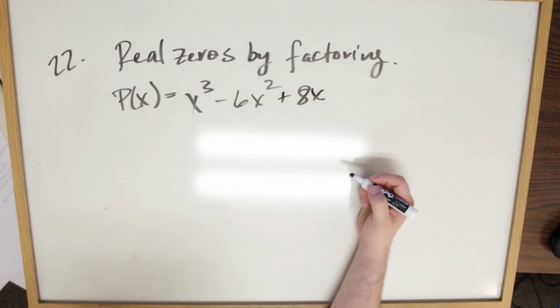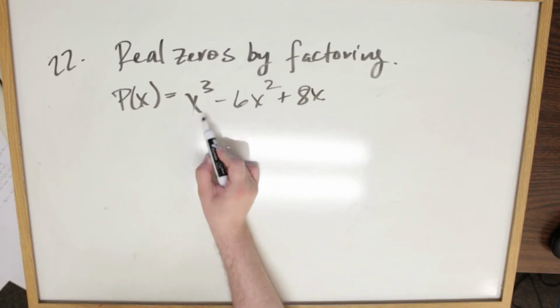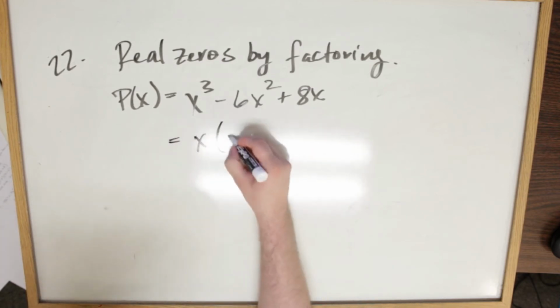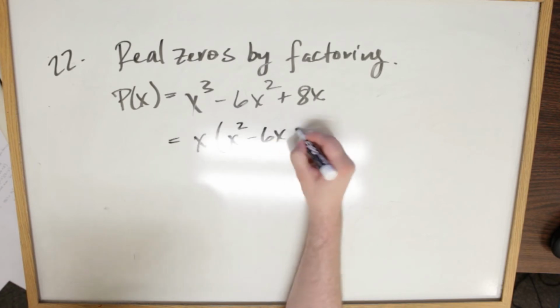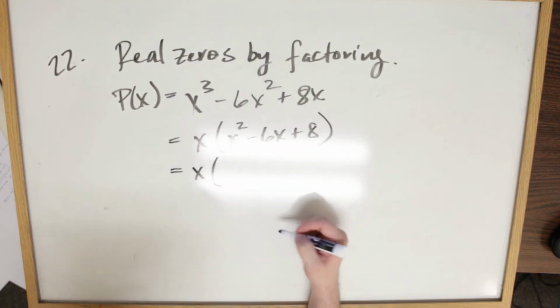Now, one of the things that you'll notice is that you can factor an x out of every single one of these terms. So this is the same as x times x squared minus 6x plus 8. And we can actually factor this even further.